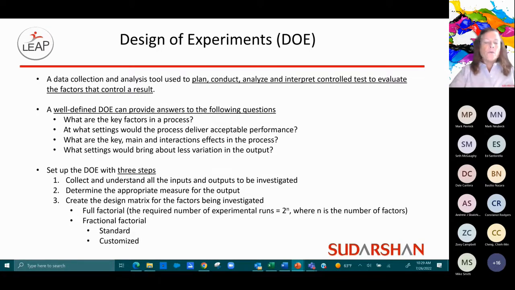If that gets to be unwieldy, and it can do that very quickly, you can then use fractional factorials. You can use a standard fractional factorial, or you can customize it. Again, the idea here is to get the most information possible from the data and the experiments performed.